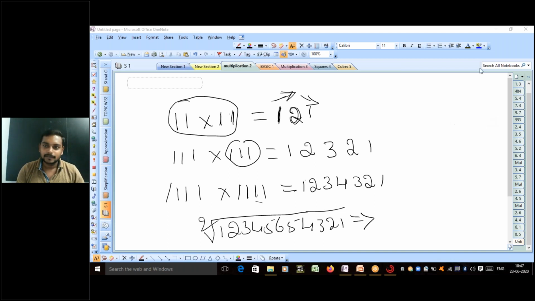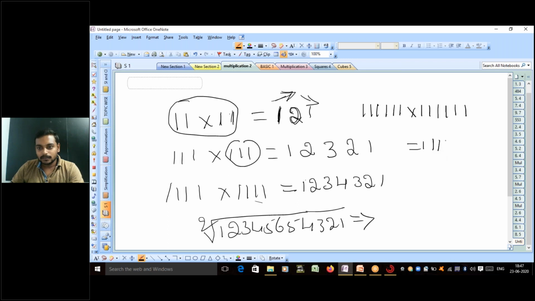Just observe the number. We have 1 2 3 4 5 6, up to 6 digits. It means 1 2 3 4 5 6 multiplied with 1 2 3 4 5 6 is nothing but 111111 square. So 111111 is the square root of 1 2 3 4 5 6 5 4 3 2 1.